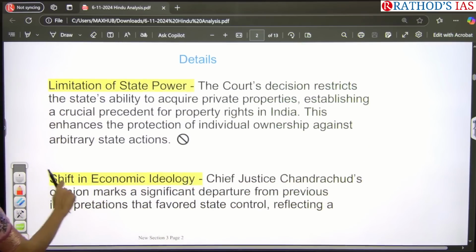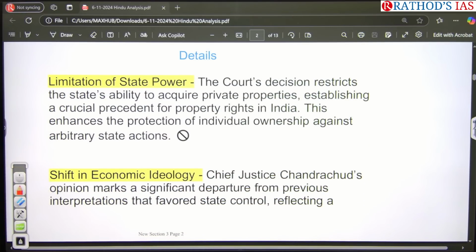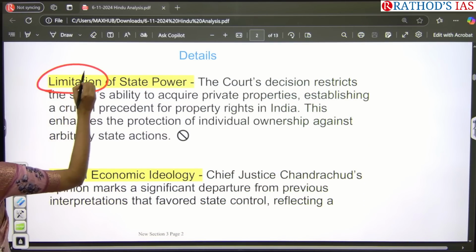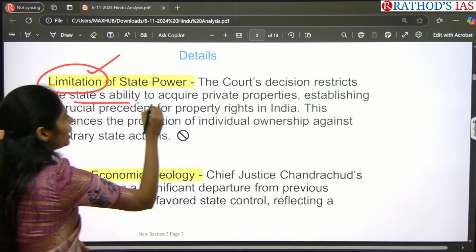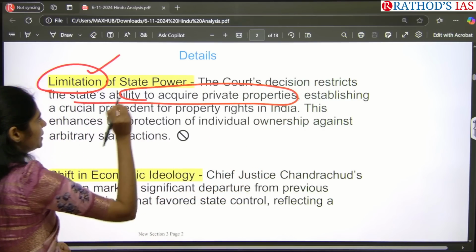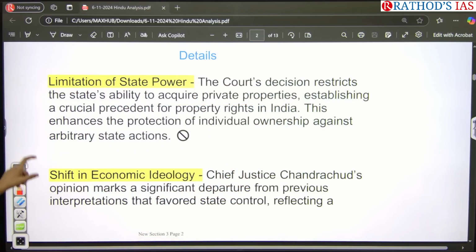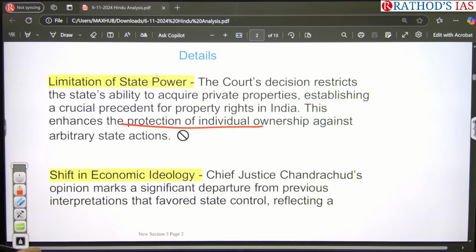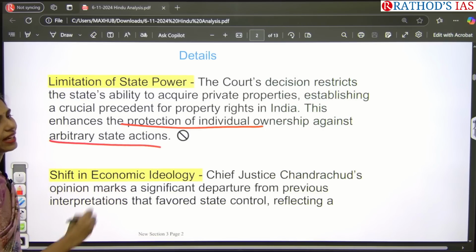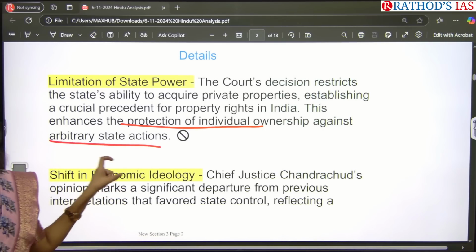If you see some important key points that you have to remember: because of the Supreme Court judgment, we can understand that there is a limitation of state power in the ability to acquire private properties. Because of this ruling, the court wants to protect individual ownership against arbitrary state actions. It is a very important word.